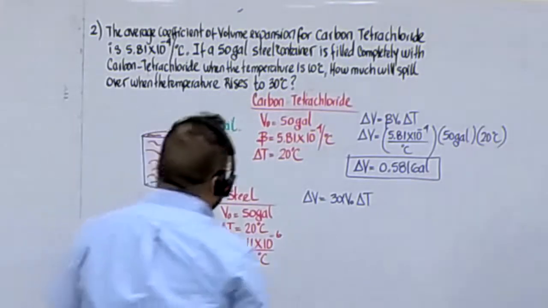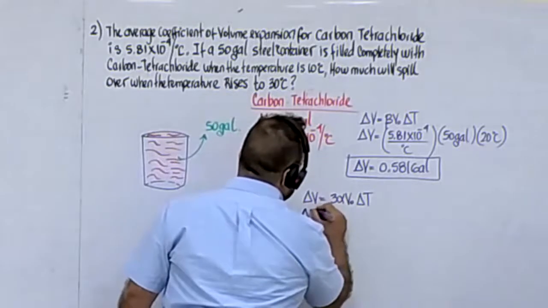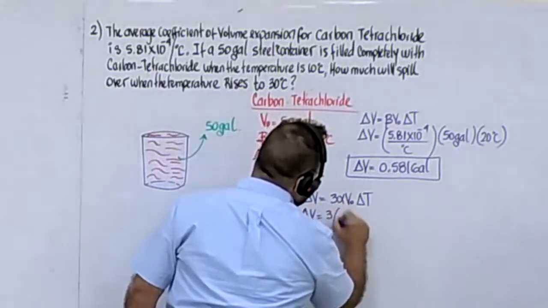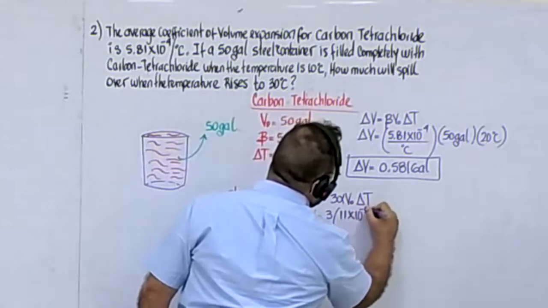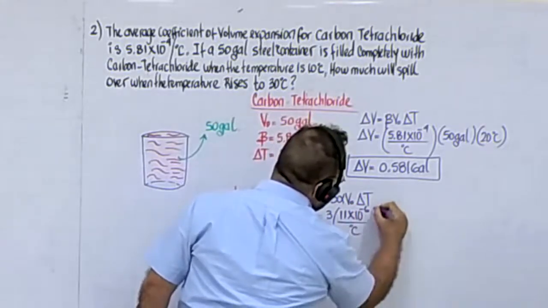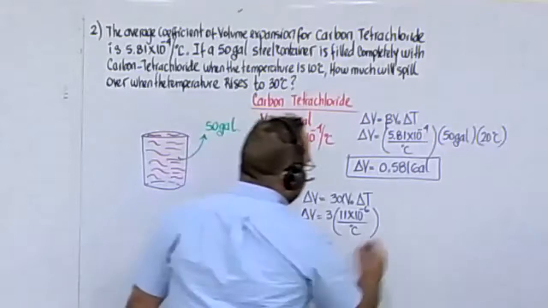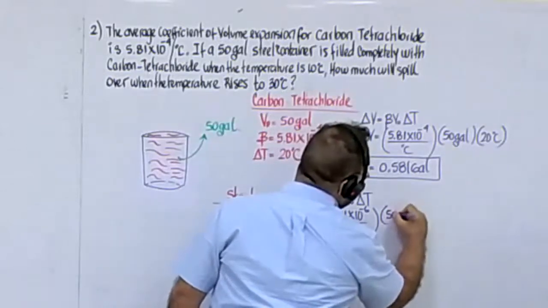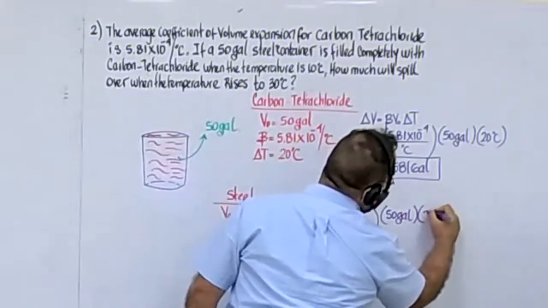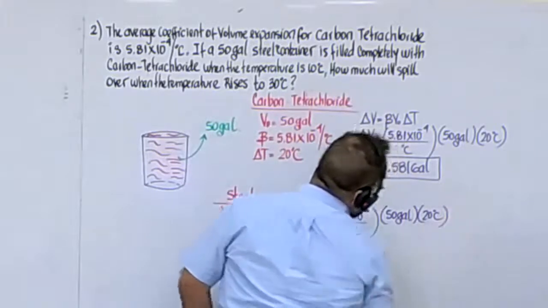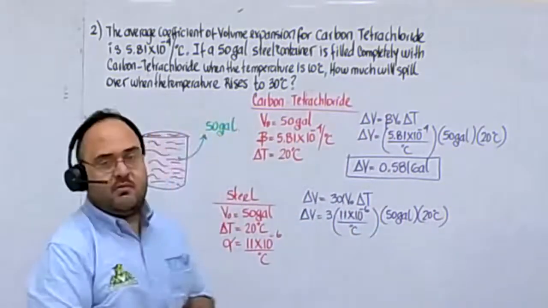For that reason, we get 3 times parentheses 11 times 10 to the negative 6 power over Celsius degrees, the original volume, 50 gallons, and the change of temperature, which will be 20 Celsius degrees.